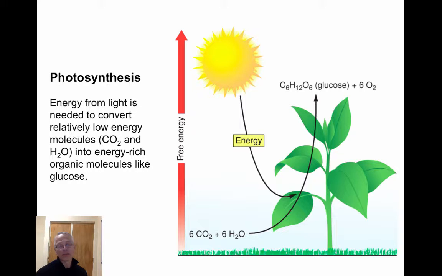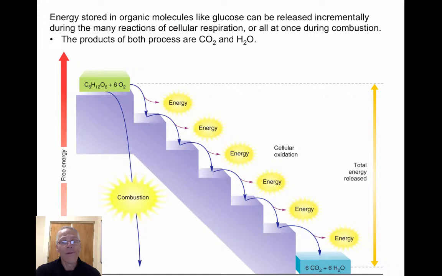We talk about photosynthesis as being all about the production of glucose, and clearly plants make a lot of glucose because they use that as a form of energy, and they also use that to build their cell walls. But they can make a lot of other organic molecules.